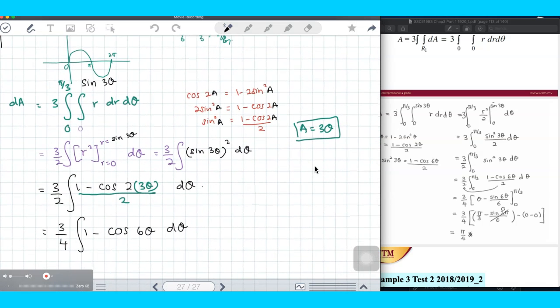When we substitute this, we have 1 minus cos 2 times 3 theta over 2. When we expand that, we got 3 over 4, 1 minus cos 6 theta.